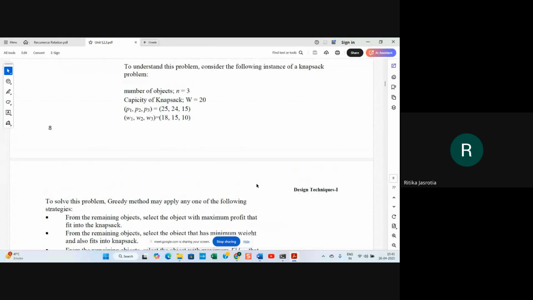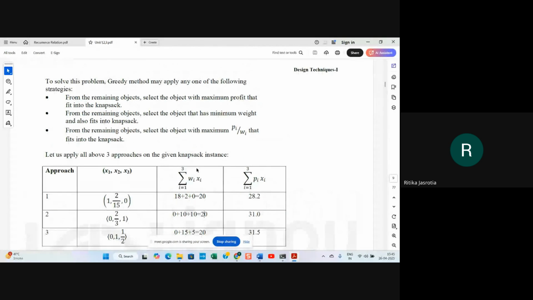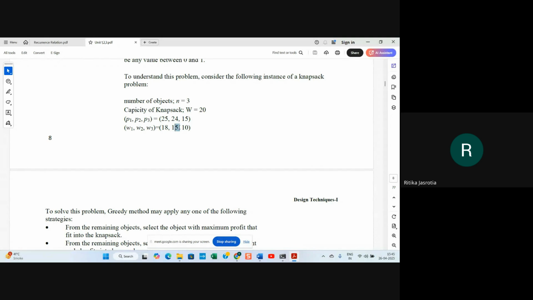The next minimum weight is 15. Among the 15, from 20, 10 we have already used, so 10 is remaining. So from 15 we can only take 10. So it is 20 kgs total. Now the knapsack is full.